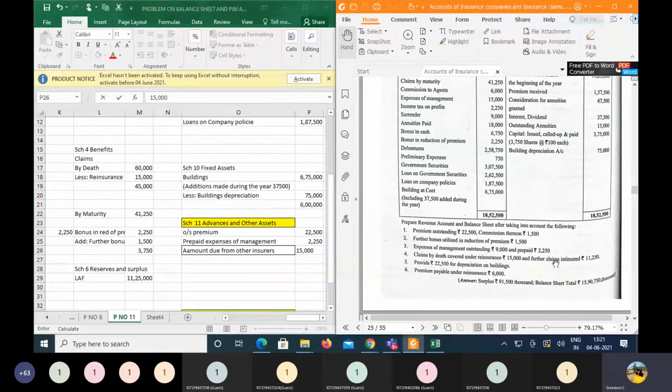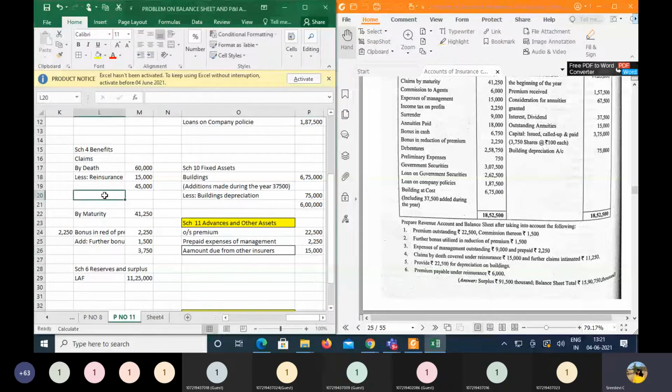Now immediately after that we have another adjustment, that is further claims intimated towards death itself, so that is outstanding claims. Add outstanding claims, and the amount of the claims which is outstanding here is 11,250. After adding this, the total here would be 56,250, and this can also be taken into the outer column, that is 41,000.